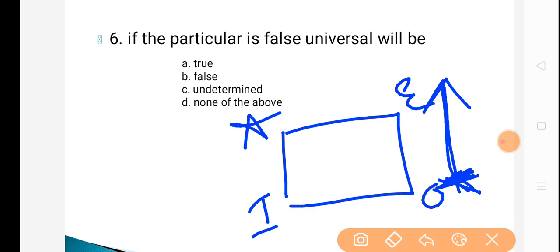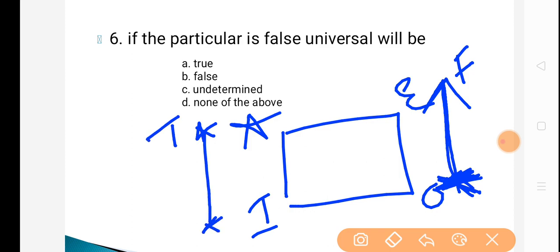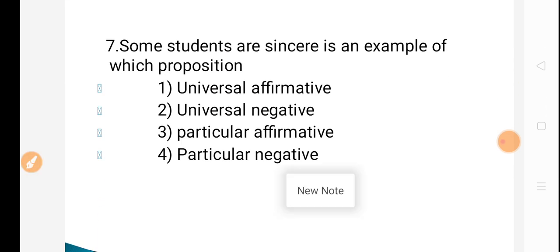So, if the particular is false, the universal also will be false here. In other words, if the universal proposition is true, it also moves towards the particular. So you want to remember both rules under subalternation. Here the answer is false. Then we are moving toward the next question.